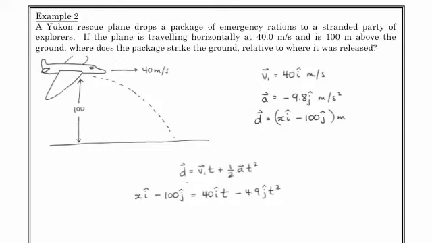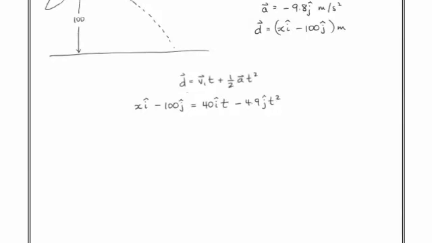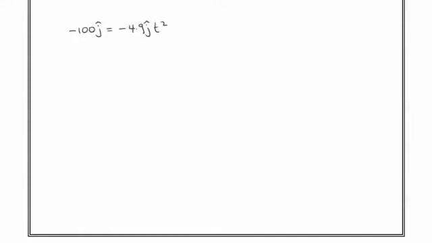Separating out our equation for the I hats and our equation for the j hats, we have minus 100 j hat equals minus 4.9 j hat t squared. At this point, we can do away with the j hat because we're talking about being in the exact same direction. We get 100 over 4.9 is equal to t squared, and we can solve for time. So the time that the package is in the air is 4.5 seconds.